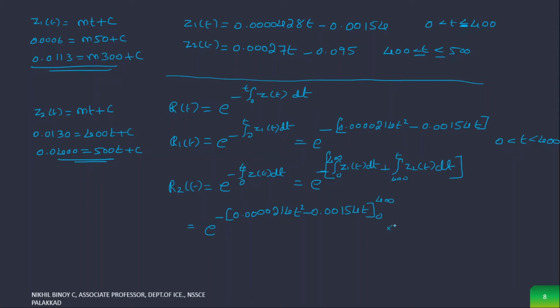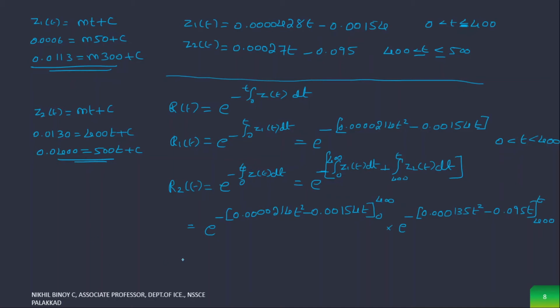Then the integration of the second term is 0.0000135 t square minus 0.095 t from 400 to t.